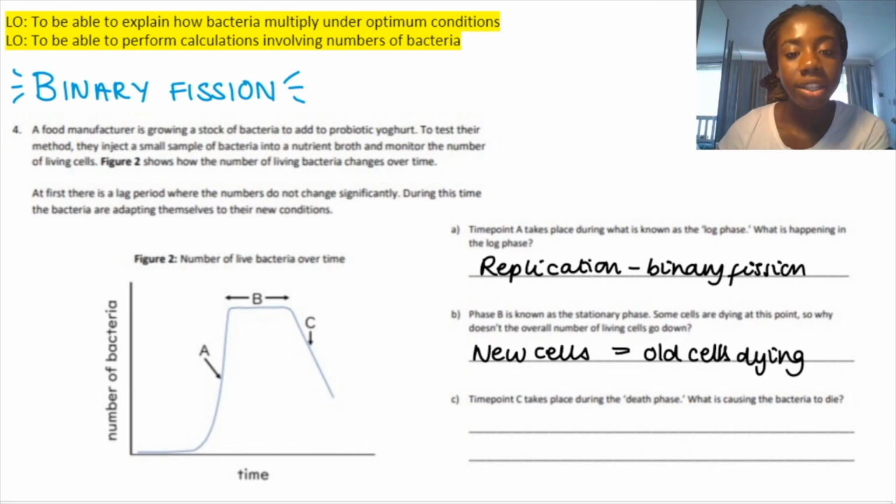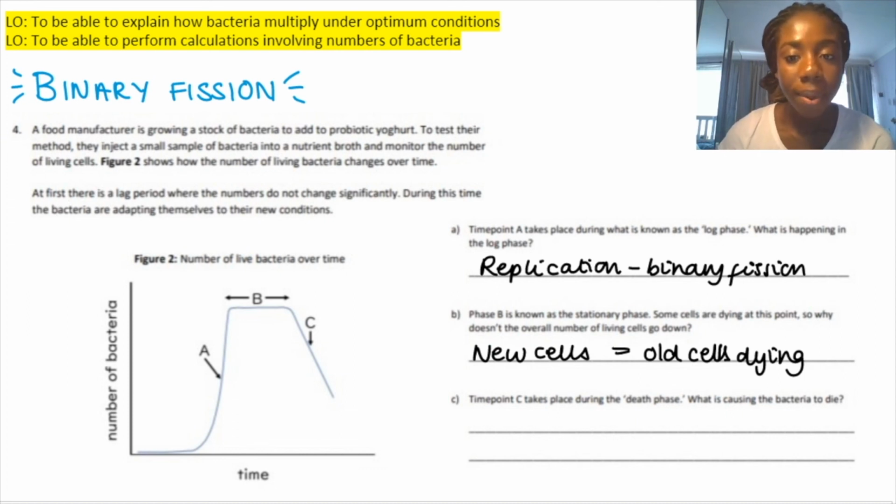The third part of the question is time point C takes place during the death phase. What is causing the bacteria to die? So as we talked through earlier, binary fission only occurs when bacteria have their optimum conditions. So that is having a lot of nutrients and also having the right temperature amongst other factors. So if cells are overwhelmingly dying and the number of bacteria is going down quite a lot, we can assume that these conditions aren't present.